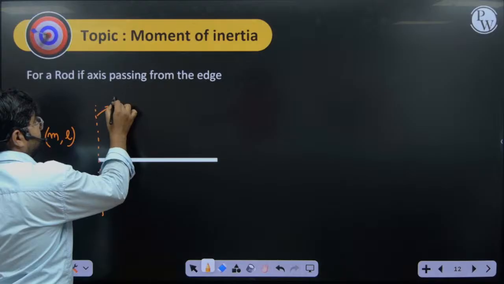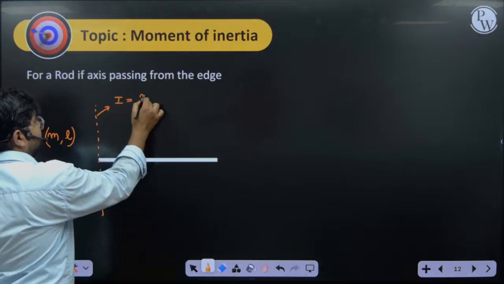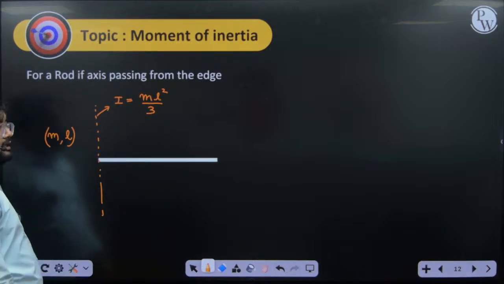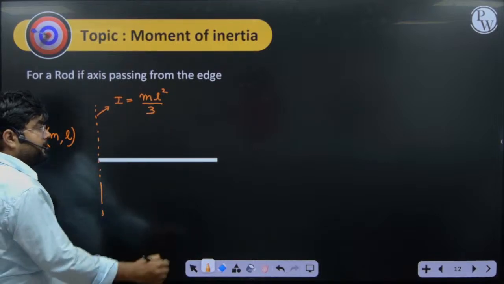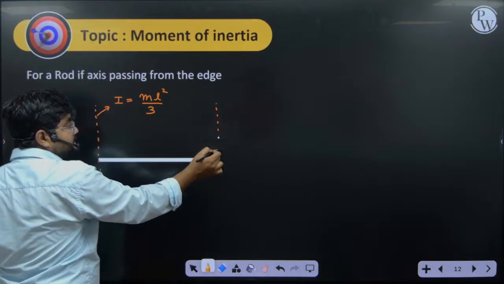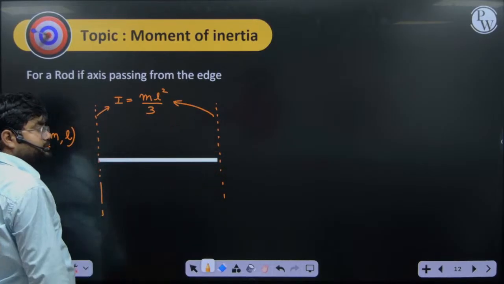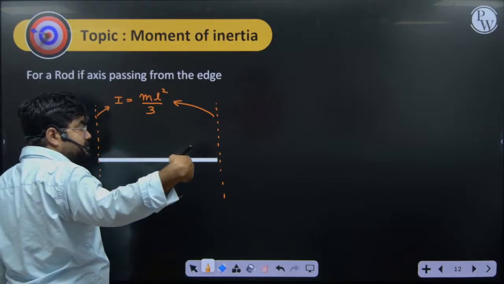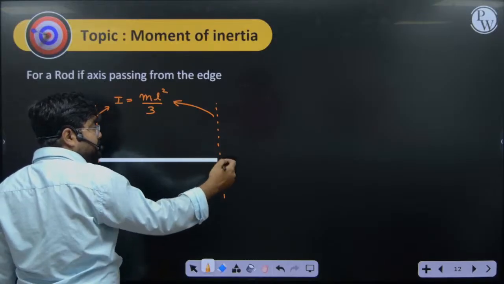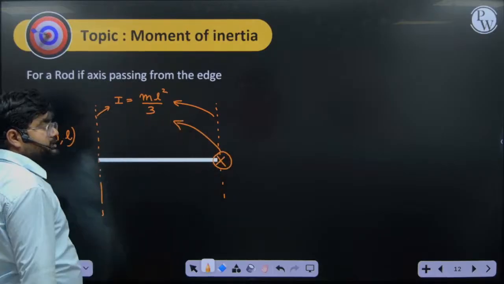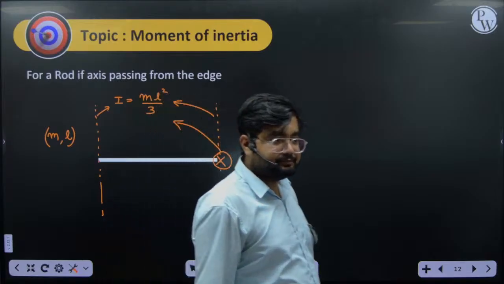The moment of inertia about this will be ml square by 3. We need to memorize this. What about the axis passing through this end? Same, this is also ml square by 3. What if the axis is going into the board like this through the edge? Again same, ml square by 3.